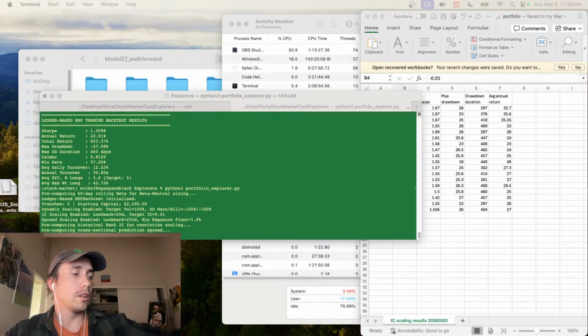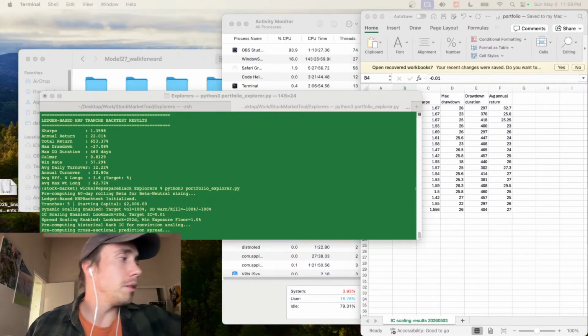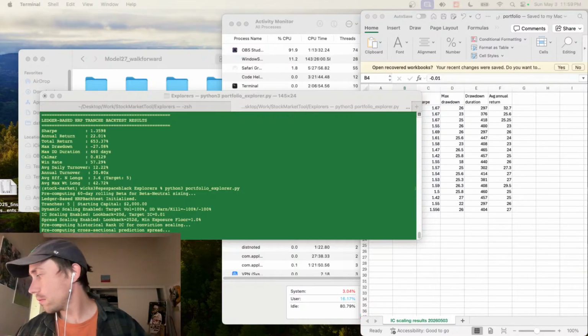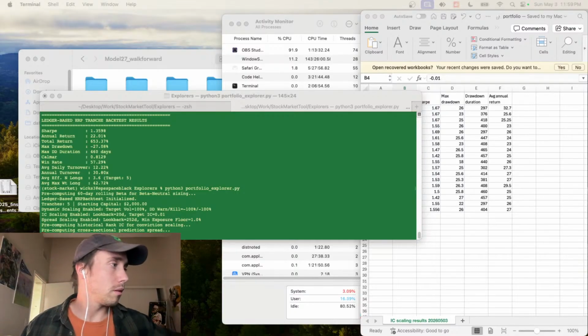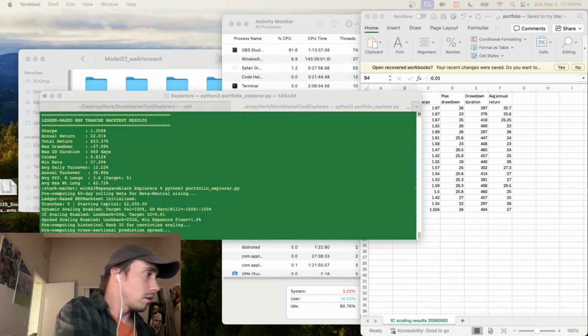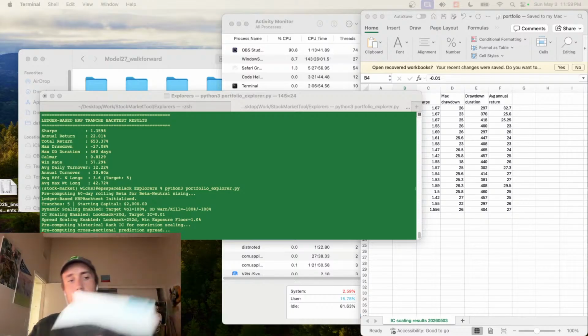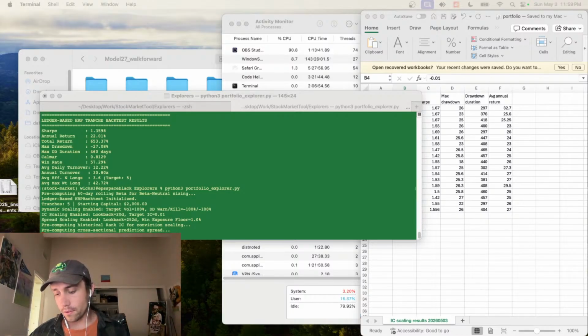Probably I need to read more. So let's see if they have scalars in here anywhere.